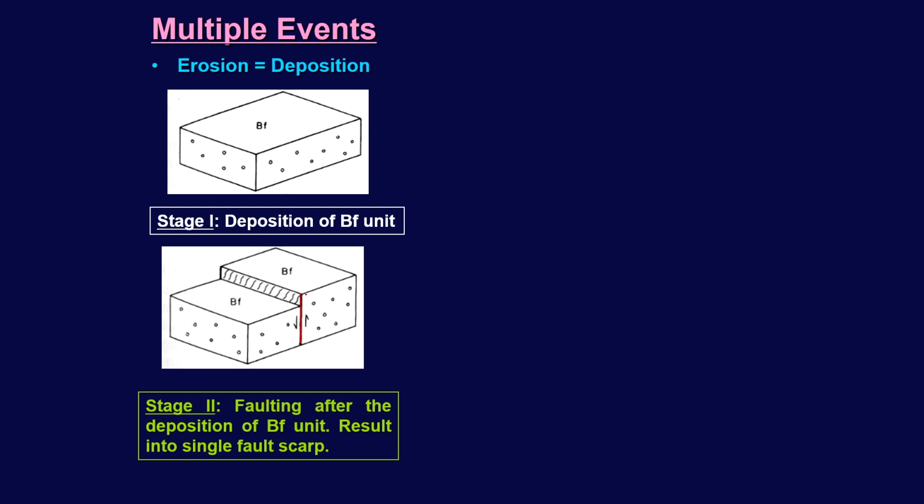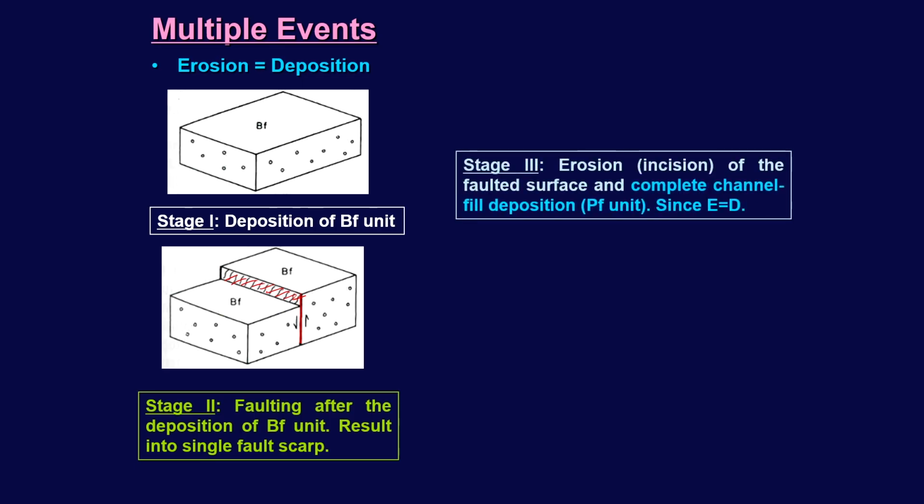Okay. And we have the fault scarp over here. Okay. Now there is an event of erosion. Okay. So erosion or incision of the faulted surface and complete channel fill deposition by PF unit.